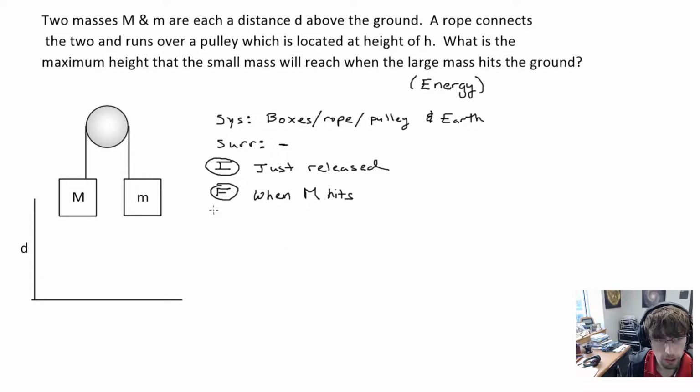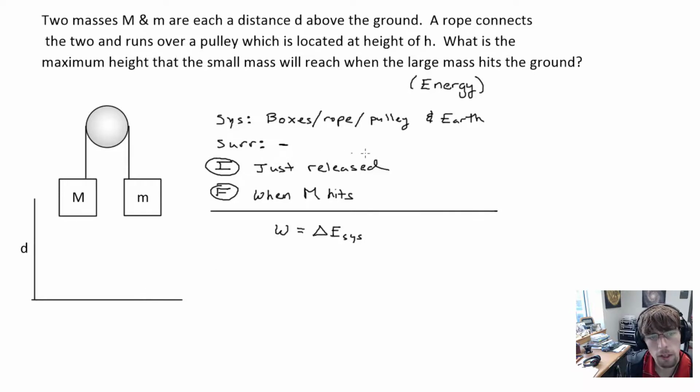Okay. Well, now let's go to our relationship equation for energy. We've got work equals the change in energy of my system. Now, looking at the surroundings here, what can we say that the work should be equal to if there's nothing in my surroundings? It's 0.